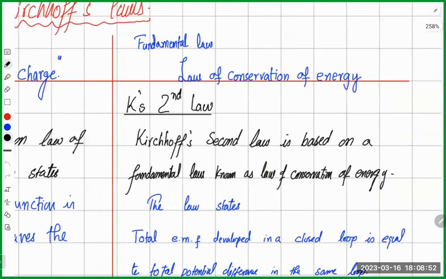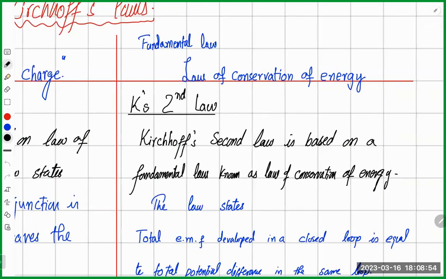Kirchhoff's second law is also based on a very basic law in physics, which is the law of conservation of energy. The law of conservation of energy is that we cannot create energy, we cannot destroy energy, we can only convert energy from one form to another form.